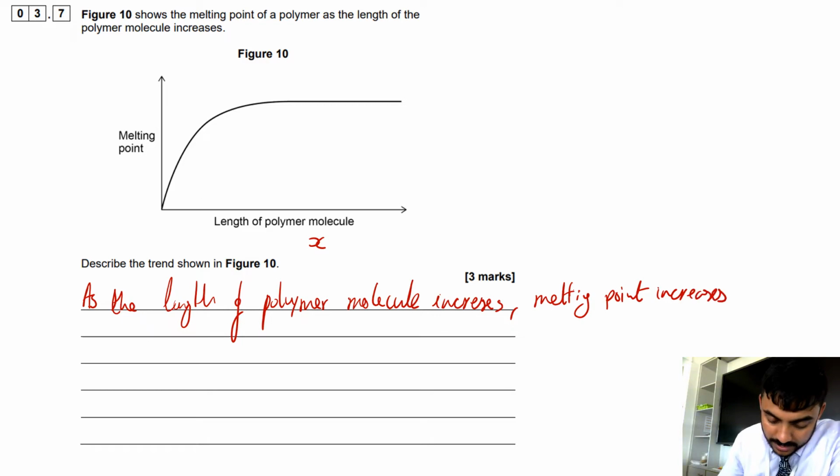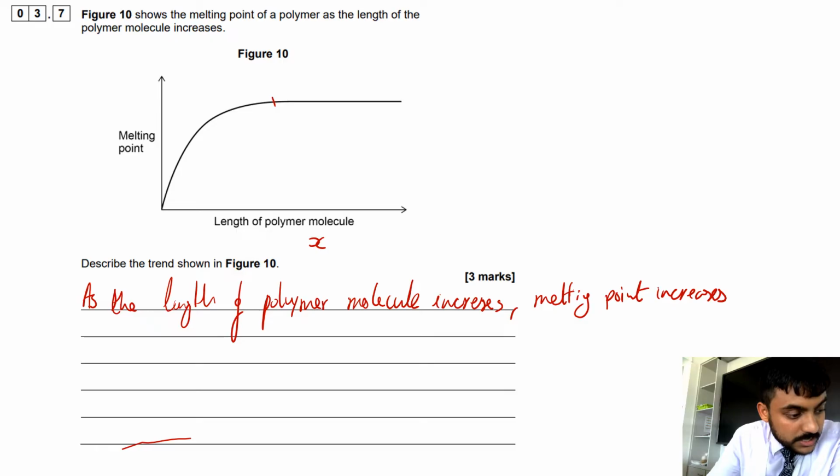Okay, then what happens here? What happens is that for large lengths of polymer molecules, the melting point hits a plateau, or we say it doesn't increase anymore.